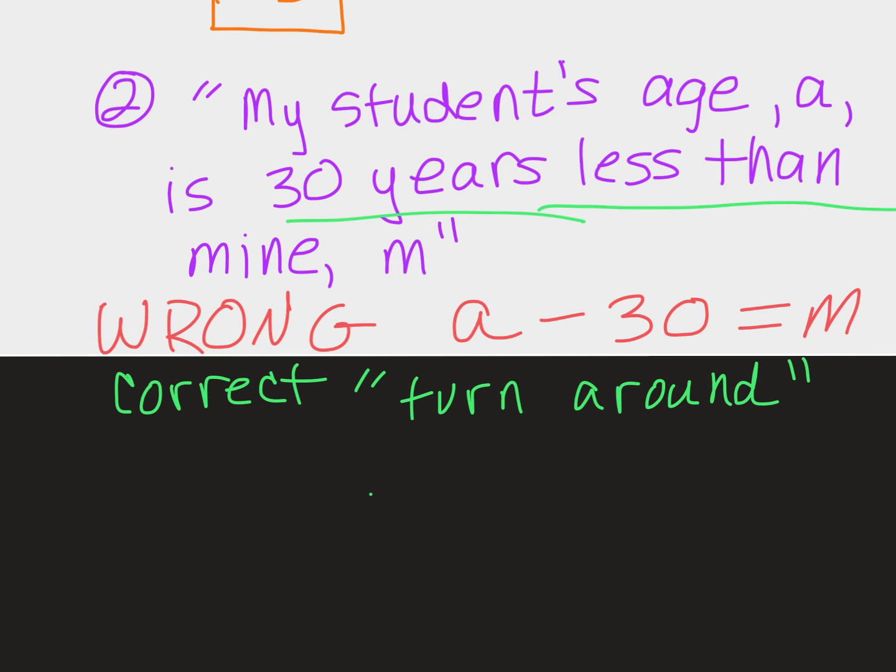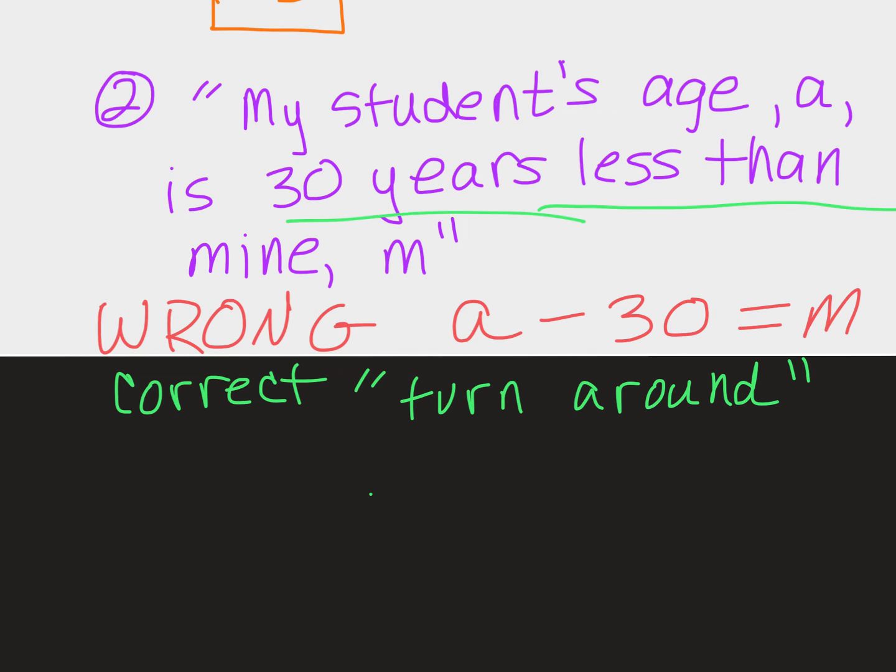Take away 30, isn't that going to be a negative number? Y'all are only 15. If I take away 30, I'm not a negative age. So if you think about it logically, writing it that way doesn't make sense. Taking 30 away from your age isn't going to get you my age, because that's going to get you negative.